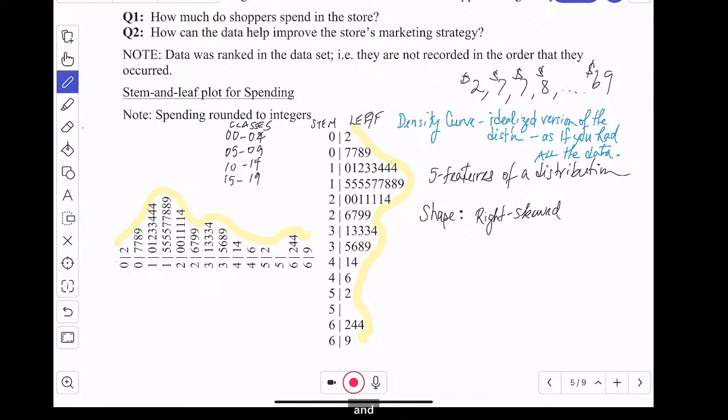And when a distribution is right-skewed, or skewed in general, it influences our measure of center and spread. The statistics we use to measure the expected value, or the center, will differ than if the distribution was symmetric.